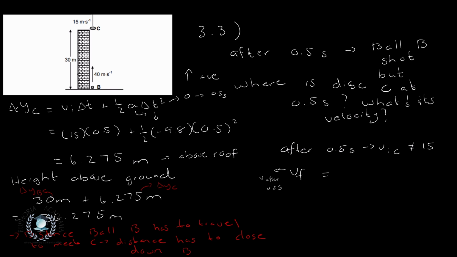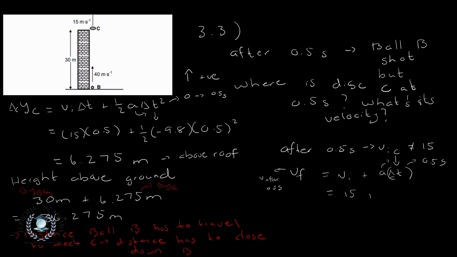That's our VF, and that is equal to our VI plus our acceleration multiplied by our delta t, and in this case our delta t is just going to be 0.5 seconds. Our acceleration, we're still taking positive as upwards, acceleration is acting downwards, and our VI is 15, right?